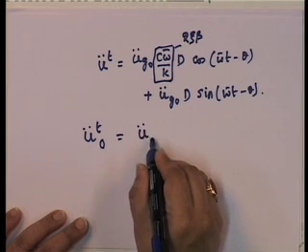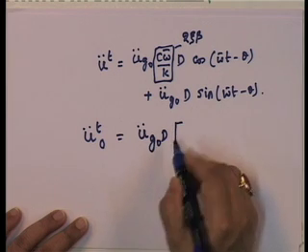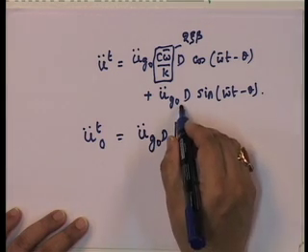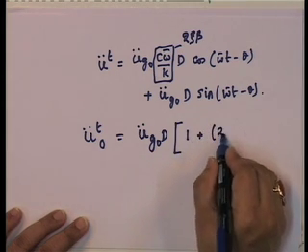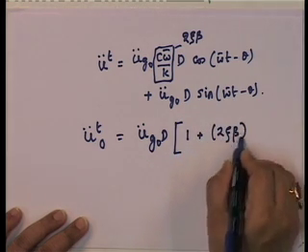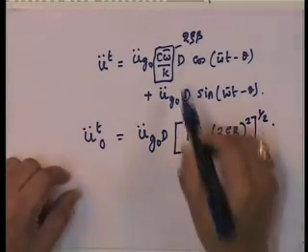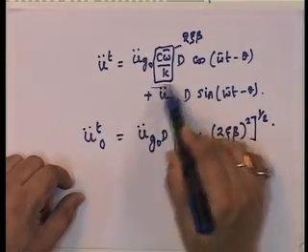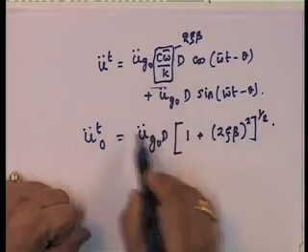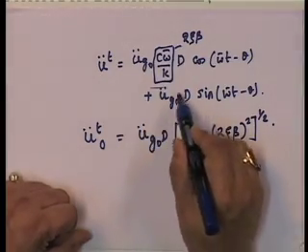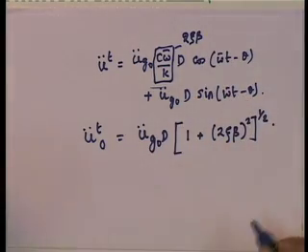So, I got this into d, and inside I have 1 squared plus 2 xi beta squared, square root. This squared plus this squared under root. Since I take u g 0 outside, all I have inside is 1 squared plus 2 zeta beta, the whole squared, square root.